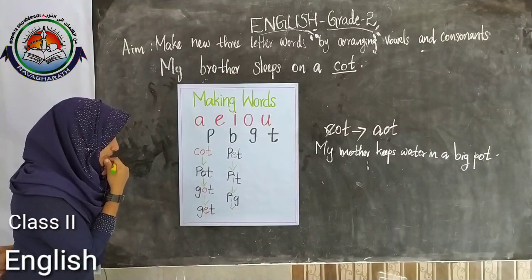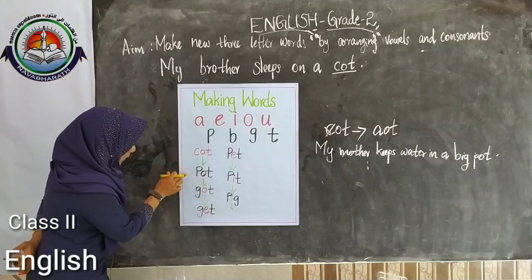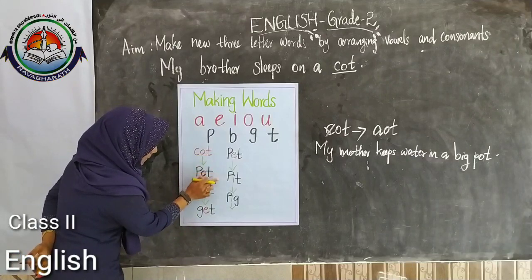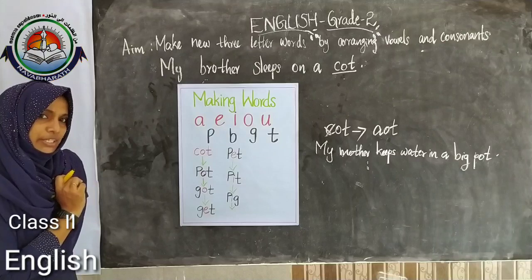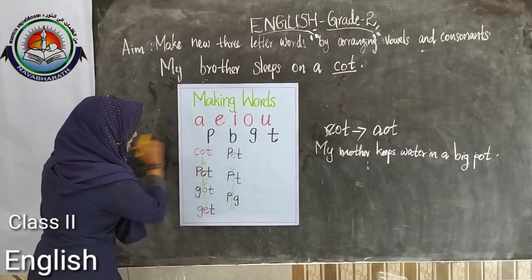Okay, then what do we do next? Here pig, so now we have pot, goat, get, pet, pit, pig. Then what do we do next? Okay, then let's replace this P letter with B from these letters.